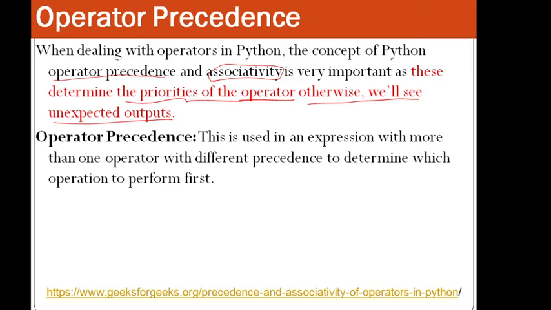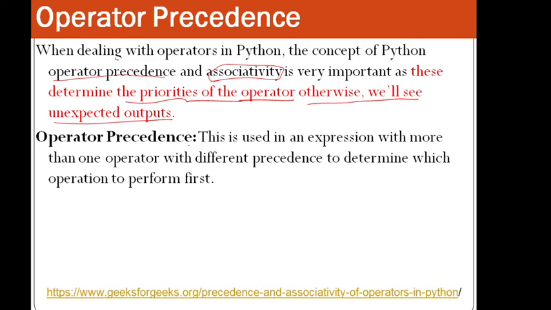The results definitely will be different. If you try to solve that expression manually without taking care of the precedence, and then you let the Python interpreter give you the results, you will say, oh, why is it different, why am I wrong? The concept is that you have not followed the operator precedence rules.